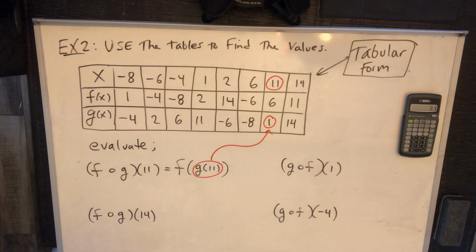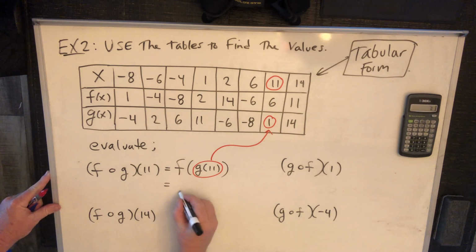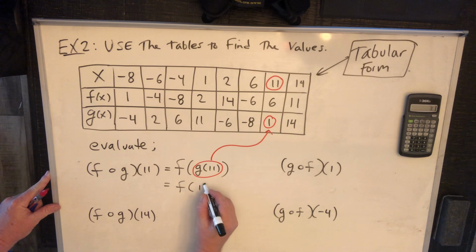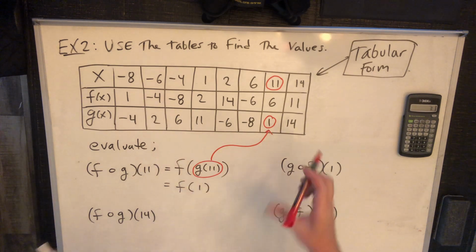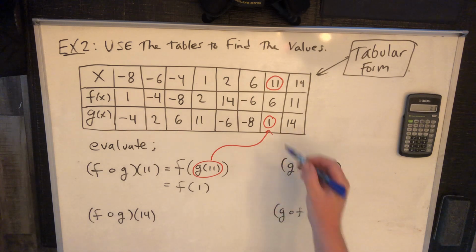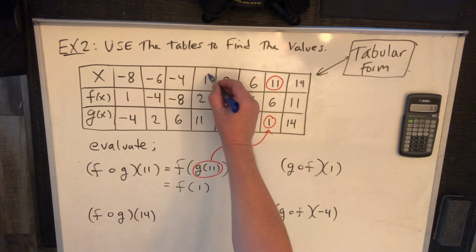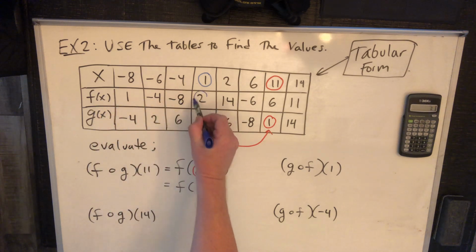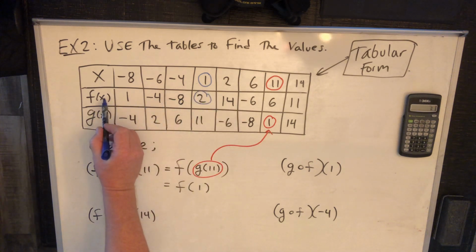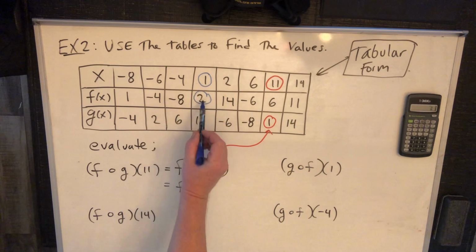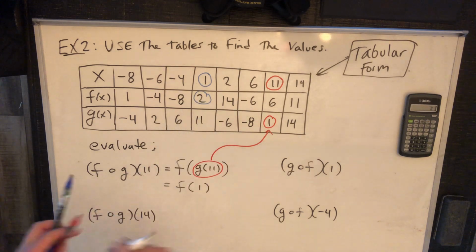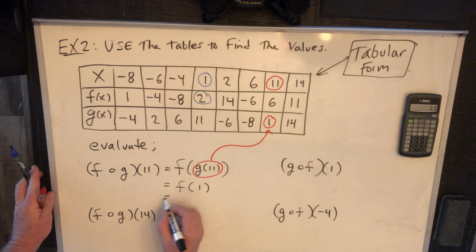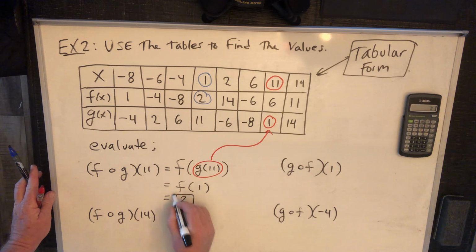So now we're simplifying this to be f of 1. Now we go to the value of 1 and we plug it into the function f. f of 1 is 2, and so the final evaluation is 2.